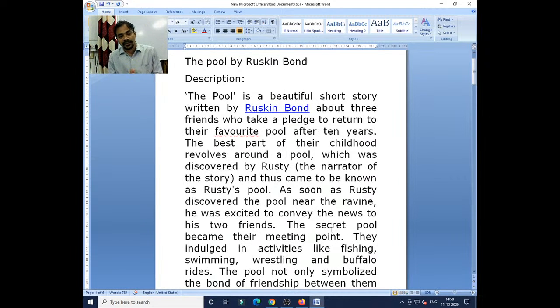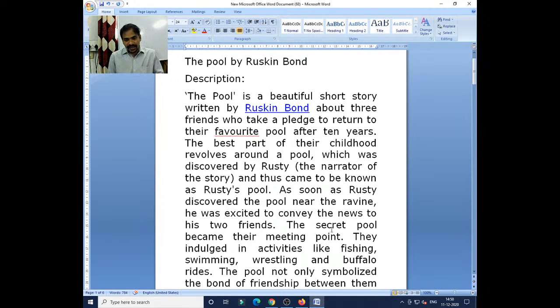Especially the three friends you come across here in the story are Rusty, or Ruskin Bond, the narrator of the story, then Somi and Anil. Three important characters altogether you will find in the whole story: one is Anil, another Somi, and another the writer or the poet. The writer himself, or the narrator, that is Ruskin Bond.